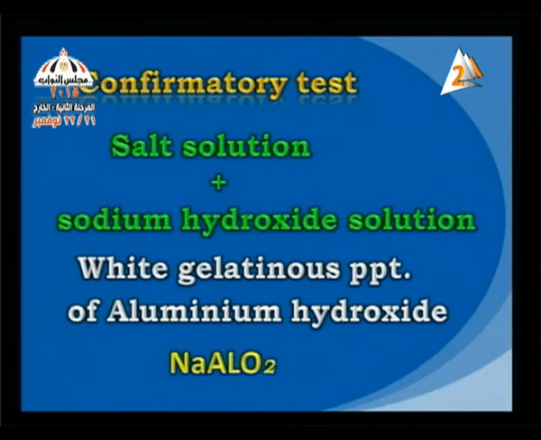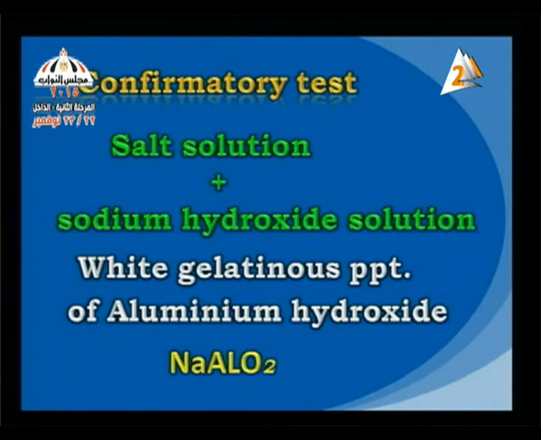This aluminum hydroxide, what is its formula? NaAlO2. Oh, it's not aluminum hydroxide. This is the other formula that results from sodium hydroxide and aluminum hydroxide. Do you know what this means? We have the reaction between them. Aluminum hydroxide reacts with the excess of NaOH to form this compound, NaAlO2, sodium aluminate.